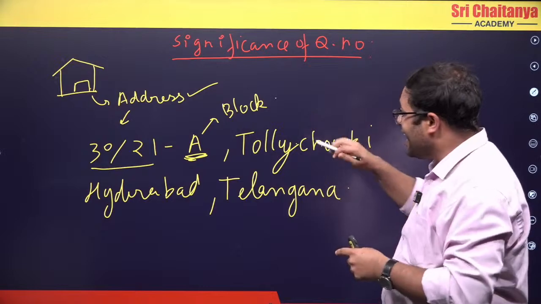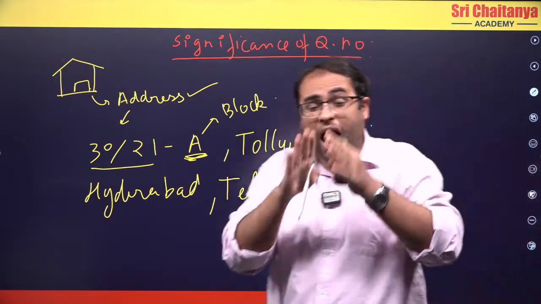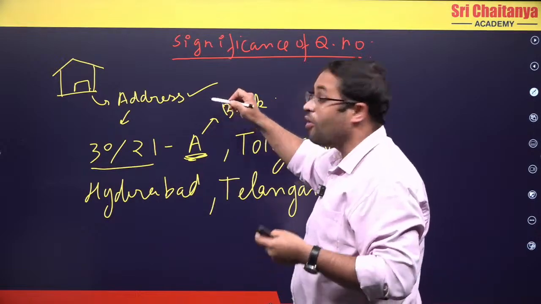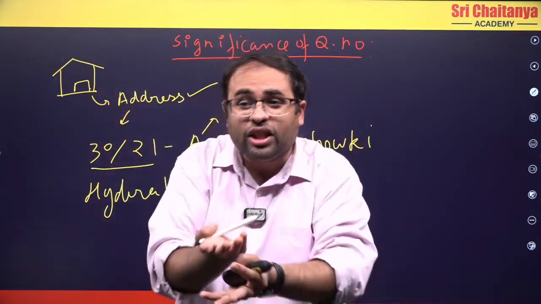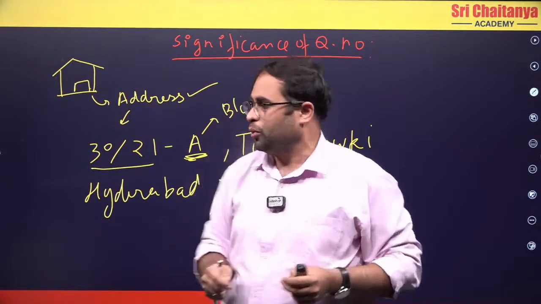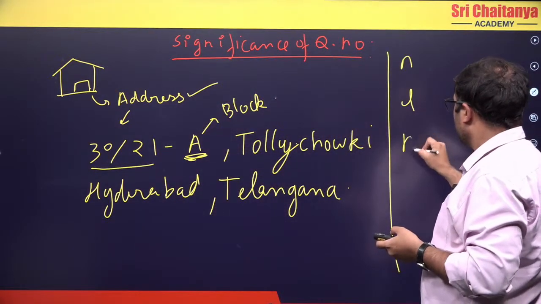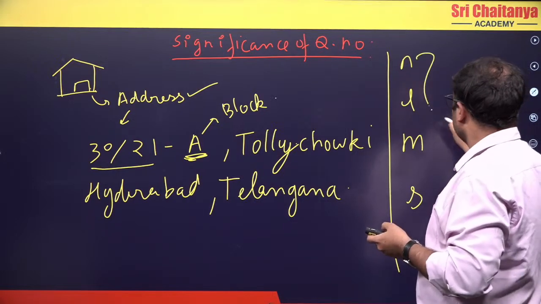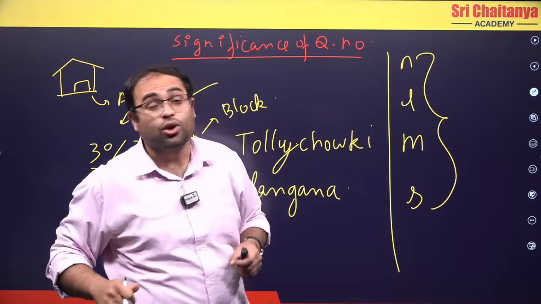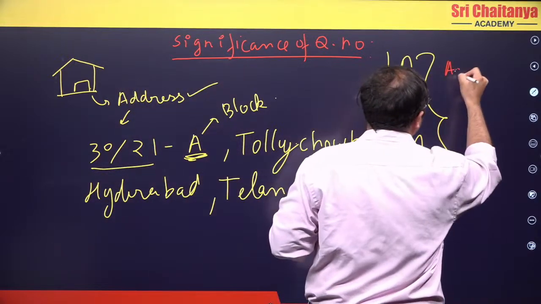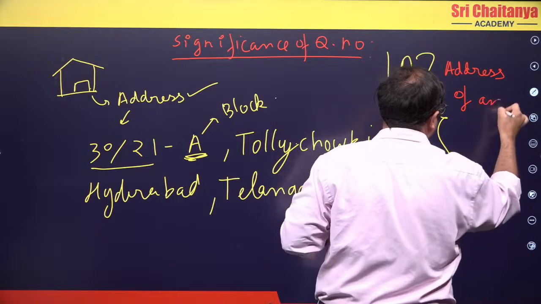Like this, N, L and M and S, all of them are parts of the address of what? What is revolving in the orbit? Electron. So this N, L, M and S give us the address of an electron.